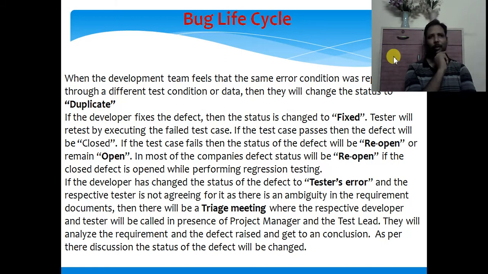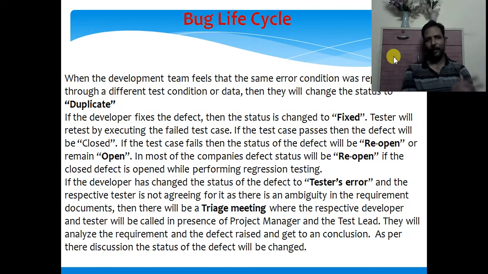Or even though the ambiguity is there in the requirement, it is not identified properly, and we have our own perception, and the developer has his own perception. It may happen that according to me this may be right, and according to him something else may be right. Why does it happen? When the documents are not clear.